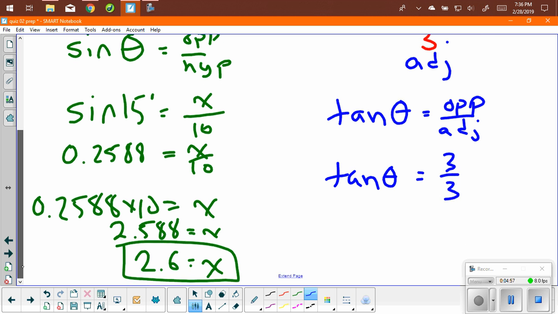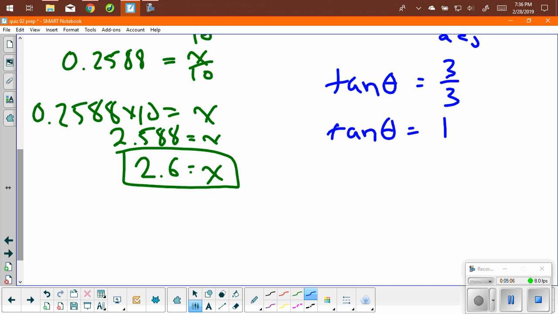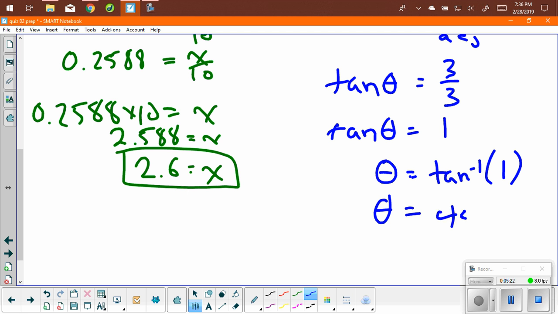What's 3 divided by 3? That's 1. My final step to get an angle is to do the tan inverse. So theta equals tan inverse of 1, and when you plug that into your calculator, you get 45 degrees. So the angle in that corner was 45 degrees.